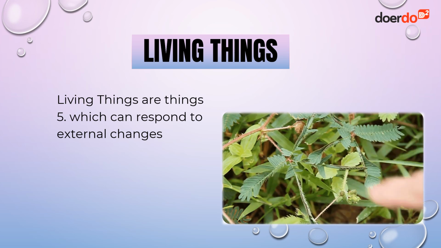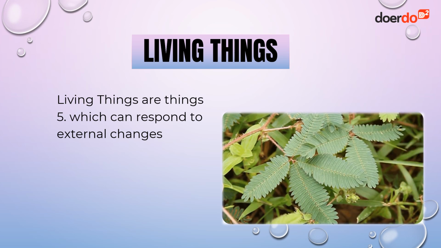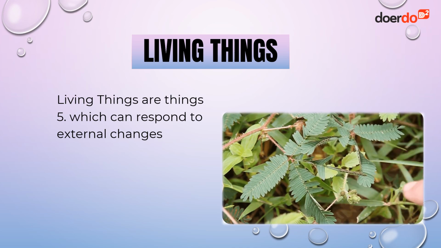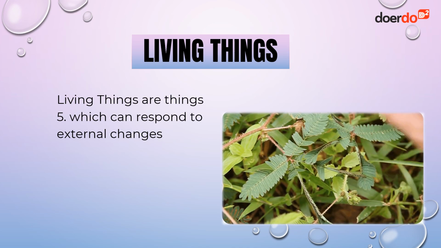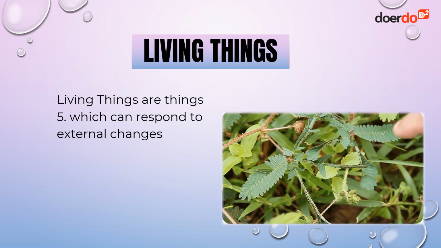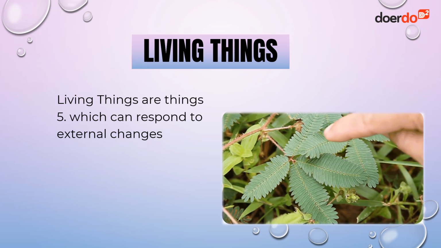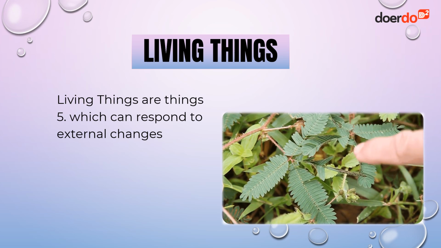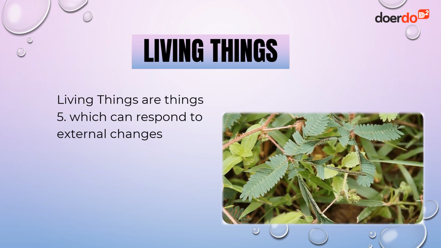So this is responding to external changes, responding to danger. When we see danger or when we feel scared in our lives, we also run away. So that's how we respond to external changes. Living things will be able to respond to changes.